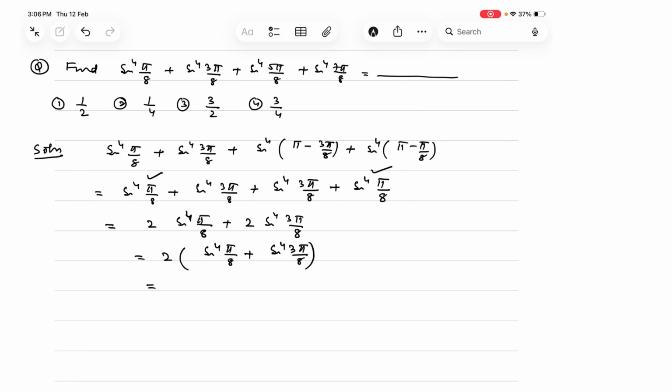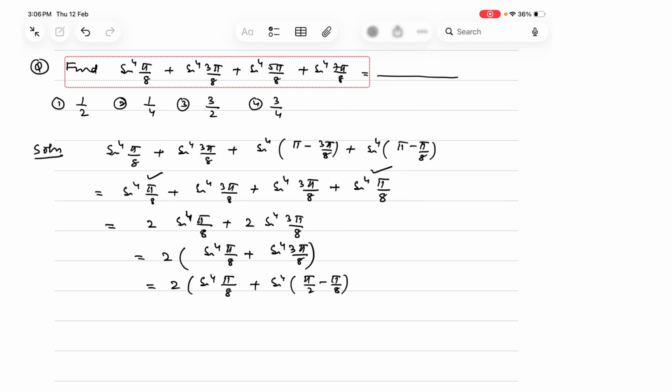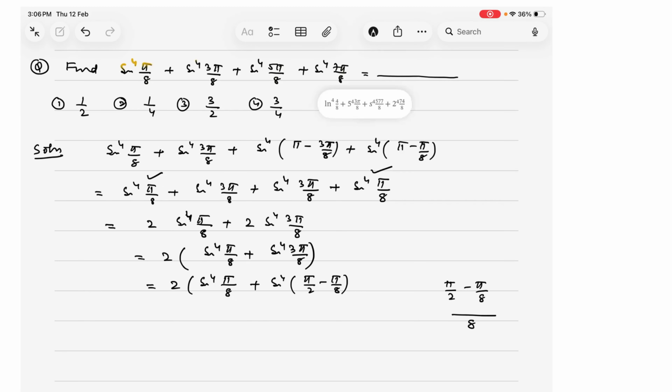Now one more important point here is we can write 3 pi by 8 also as pi by 2 minus pi by 8 if you take LCM. What is pi by 2 minus pi by 8 if you take LCM? LCM is 8. We get 4 pi minus pi, which is 3 pi.